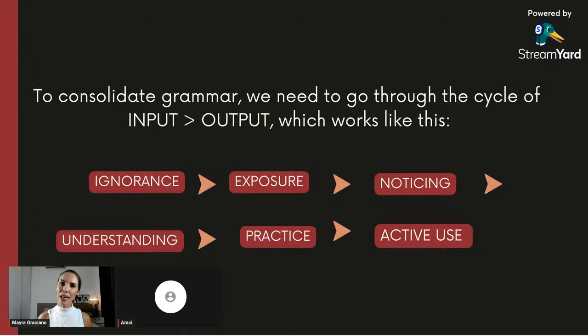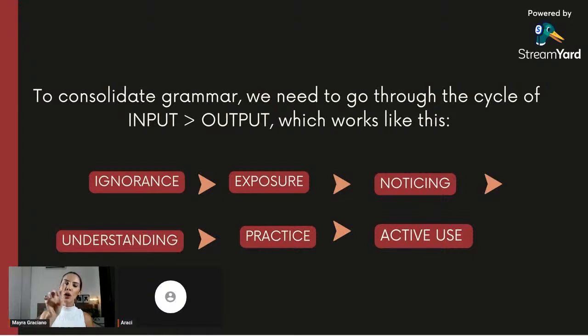So put it into practice. Make it active. How can you use this grammar? Okay. How can you use it in your context? How can you use it in real life? All right. So you have to make this active, not only passive, where you do exercises, where you write down, make it active. This is the secret.